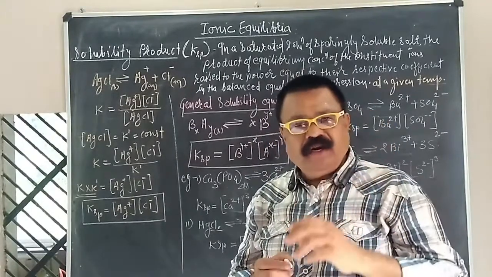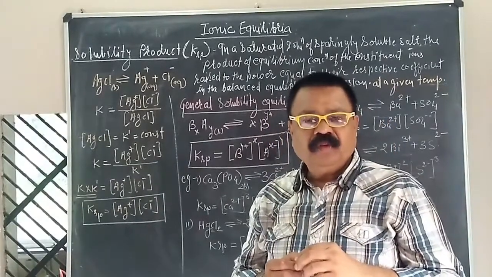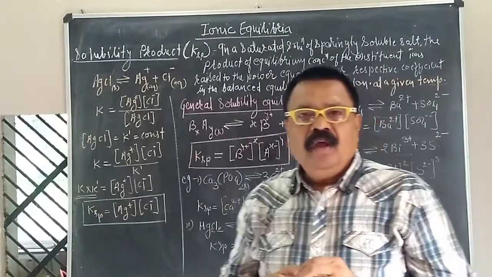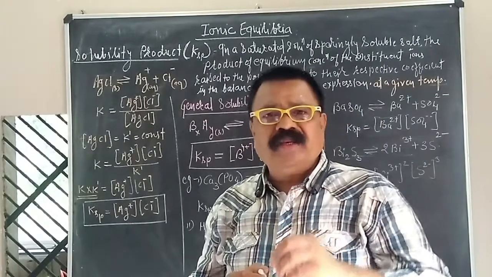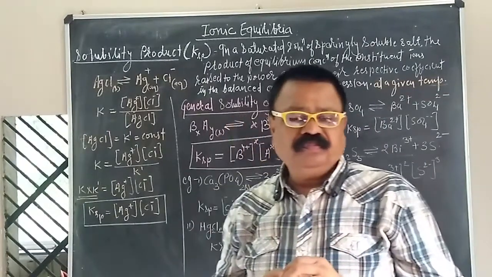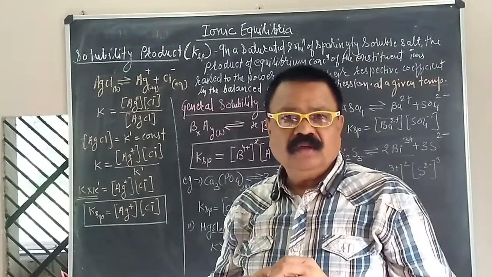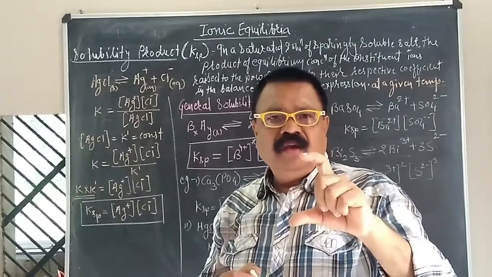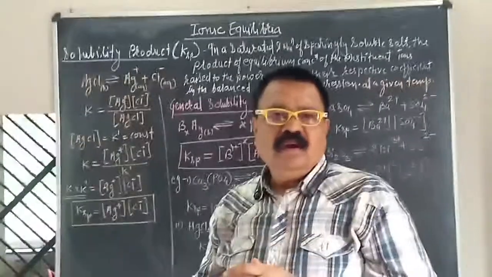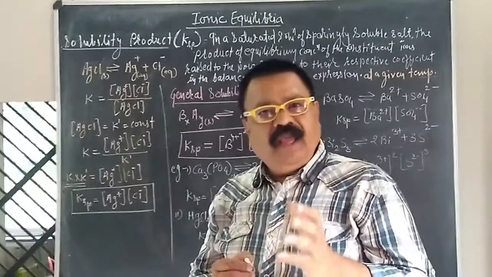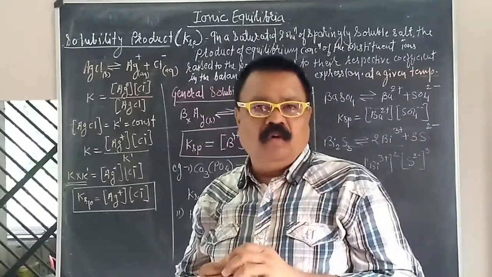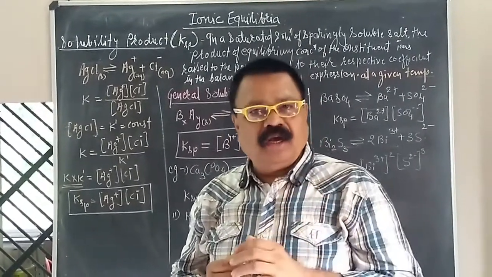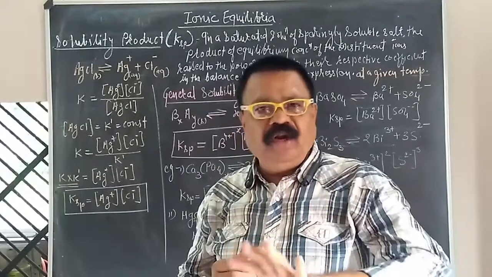Now what is a saturated solution? A saturated solution is a solution where no more of the substance can be dissolved. मानो एक ग्लास के अंदर में 250 ml पानी अगर हम लोगों ने लिया है और उसमें 100 ग्राम अगर शक्कर डाली जाती है तो that will completely dissolve.